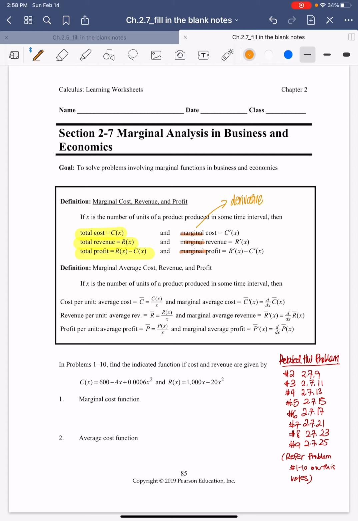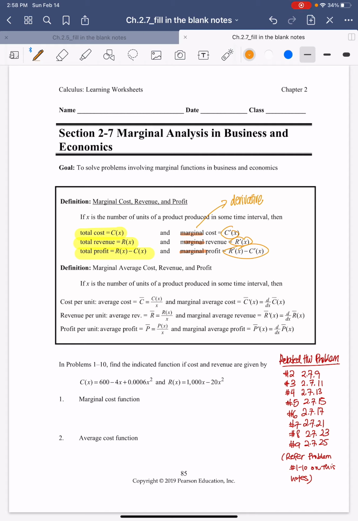Marginal cost means take the derivative of a cost function. Marginal revenue means take the derivative of the revenue function. Marginal profit means take the derivative of a profit function. So you see all those primes: C prime of x, R prime of x, and then R prime of x minus C prime of x. That's an easy way to organize.